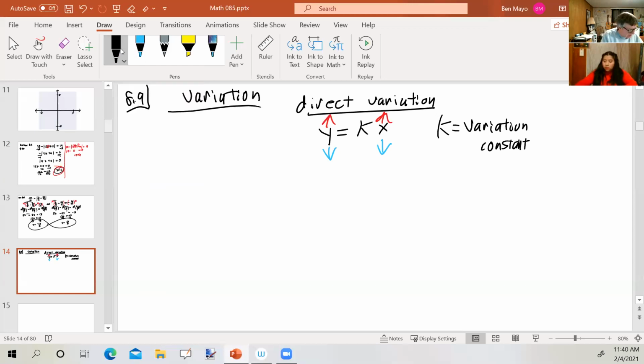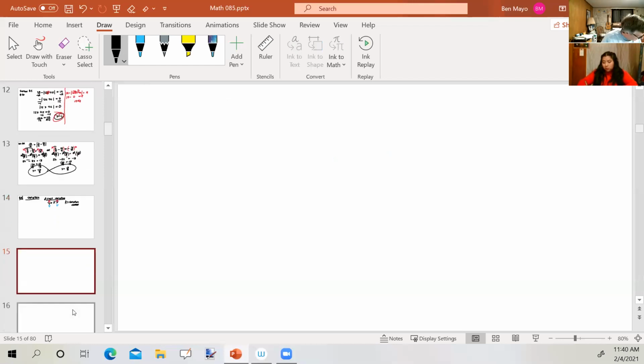Okay, so let's take a look at an example of direct variation. We have this problem. It says free fall. An object in free fall. So basically we've got this object that's been dropped and it's just falling. An object in free fall travels a distance s. So s is going to be distance that varies directly as the square of time t.